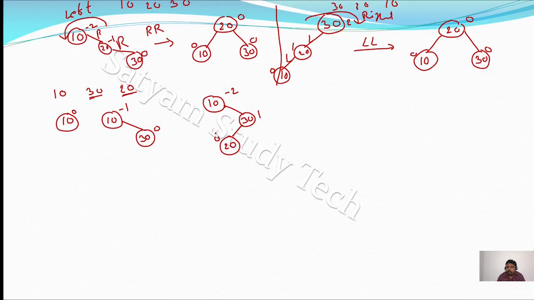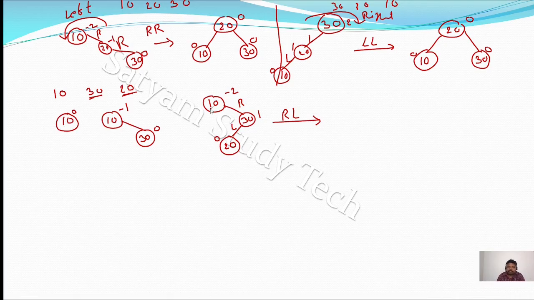So what is the problem here? What rotation do you have to perform? Here it is right: 30 is right of 10, and 20 is left of 30. So the problem is RL. Because of RL it is not balanced.